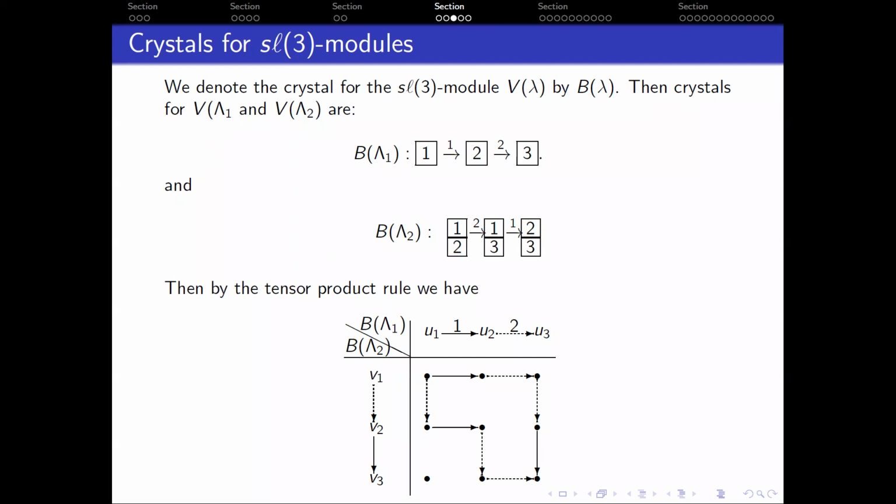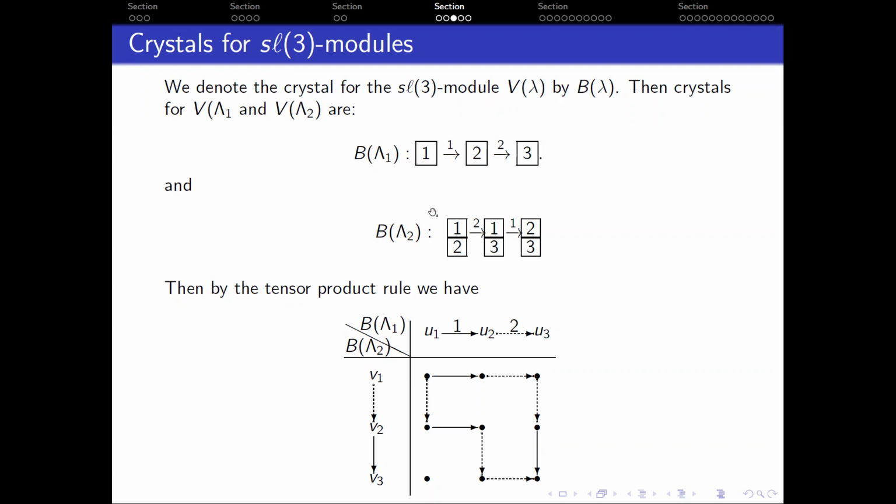It is a highest weight representation, and we denote the crystal for it with just 3 nodes. We label these 3 nodes as 1, 2, and 3, and indeed they correspond to epsilon 1, epsilon 2, and epsilon 3. These are the so-called tableau description.